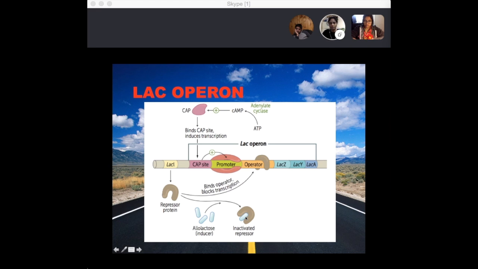So if you have both glucose and lactose available, the lacI won't bind to the operator, and the CAP won't be activated because it's like confused. So in that case, when you have both present, you're going to overall have a low level of transcription. Like some of it's going to work properly and some of it's not.